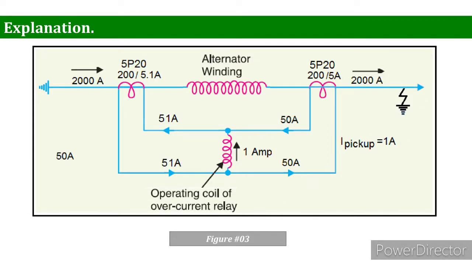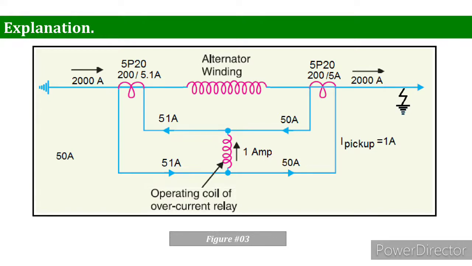Now, one more example that is directly linked to our first case. In this condition, you can see both currents are same, entering and leaving. You can say an ideal condition, but just for the sake of example, we have the CTs of the same ratio, like 200 is to 5.1 and 200 is to 5 ampere. Now what will happen?